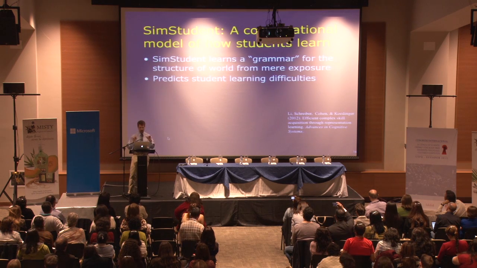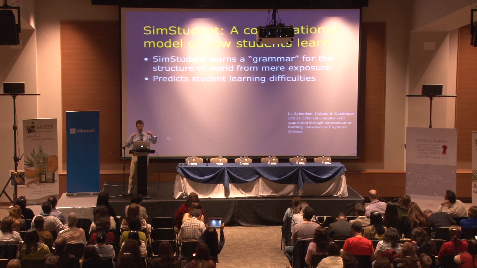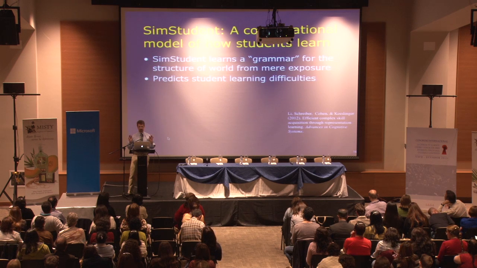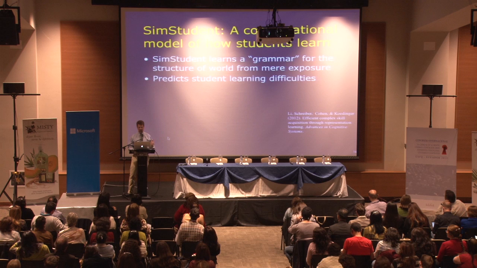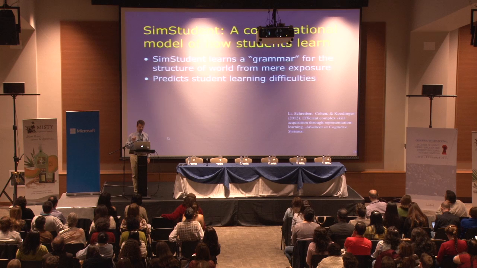And just by exposure to expressions like that, and by noticing how elements co-occur, it's building chunks, if you will, that then become part of a grammar, and those chunks build up, and that is the way we hypothesize that young children are able to learn, and there is other research that indicates this, are able to learn grammars from experience. It's largely based on the statistics of co-occurrence of words, or in this case, algebraic symbols. And this model makes predictions about what's going to be hard for students in learning algebra.